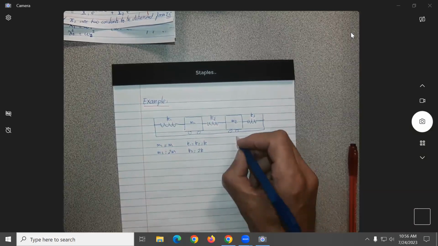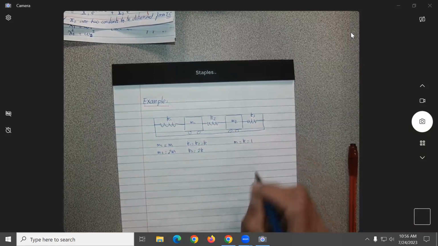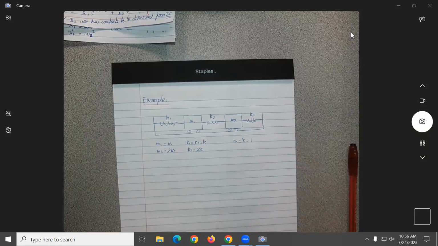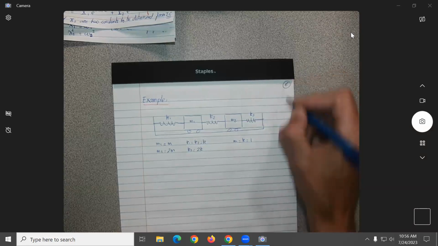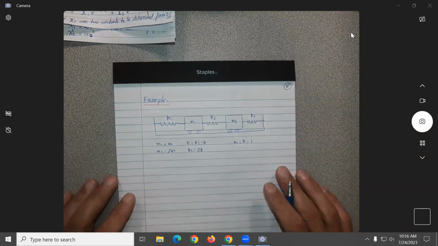And because in MATLAB we need values, let's just say the simplest case we can do, M and K will equal to 1. Yeah, I'm not going to rush too much.